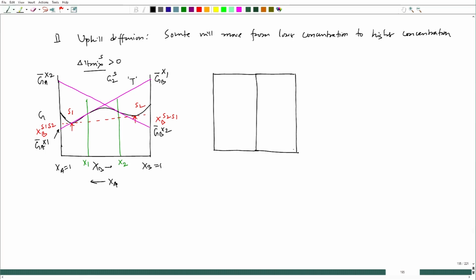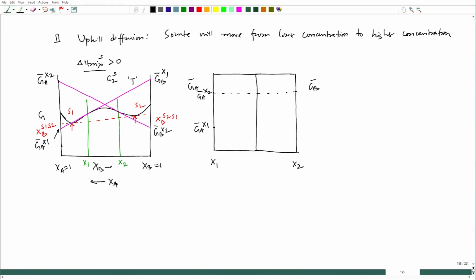These are the two blocks and this is G A bar, this is G B bar, x 1, x 2. So, this is, let us say, G at x 2, which is there with the composition x 2, and another one is here, let us say this is G A bar x 1.